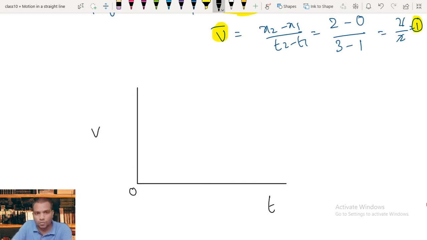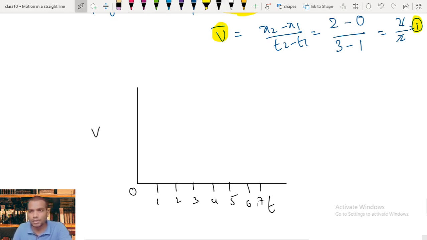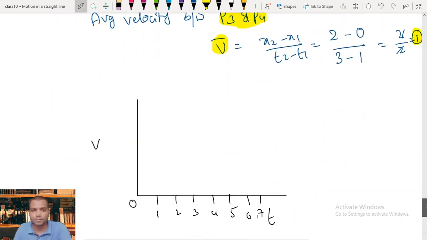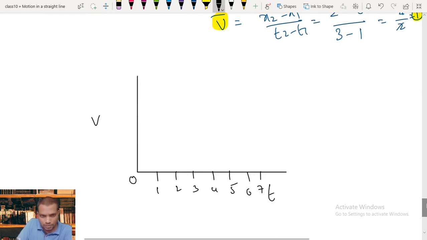So it is 0, 1, 2, 3 and 4, 5, 6, 7. On the y-axis, how much can I take? I need to take up to 8.7. So let me take a 2 interval: 2, 4, 6 and 8.